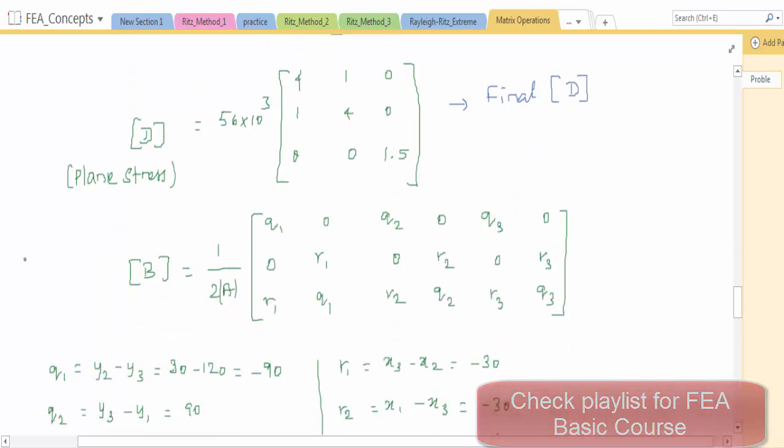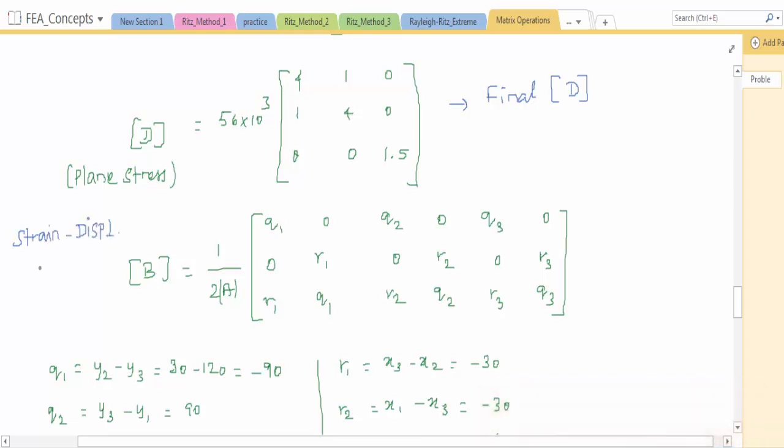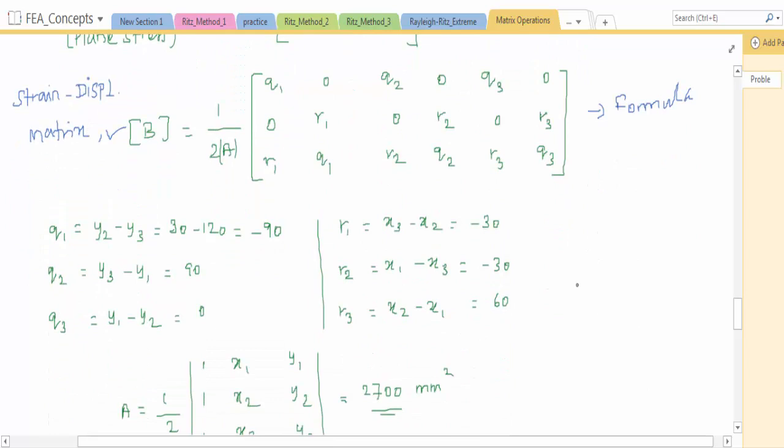Now the strain displacement matrix. We already know the formula for the strain displacement matrix of the CST element, that is B equal to this formula. Q1, Q2, Q3 and R1, R2, R3 can be found out by using these formulas.